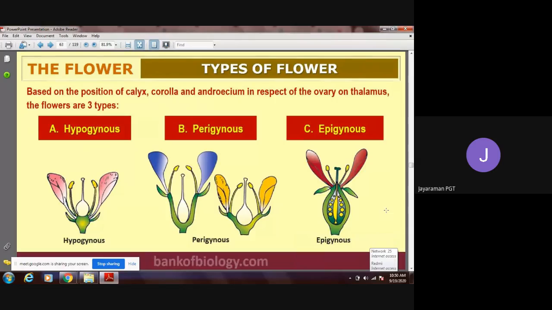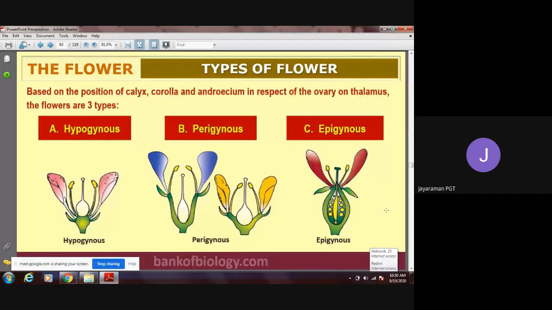Hypogynous flower. The types of flower we are talking about. Hypogynous: gynous is for gynoecium. Hypogynous flower means the flower is below the gynoecium.